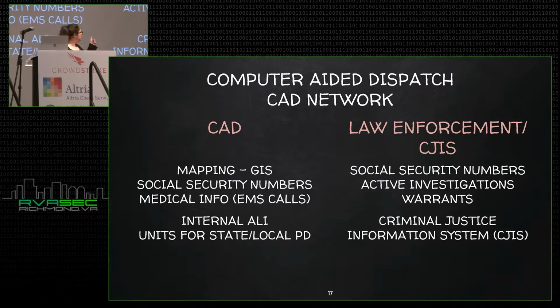And then we also have something called the internal alley, which is a database each 911 center maintains of special addresses. Either it's people who are risks to law enforcement, people who have medical issues, like they are on dialysis or something. Also, anything that the citizen feels that we need to know to help them better when we come to their house, they're going to call us.